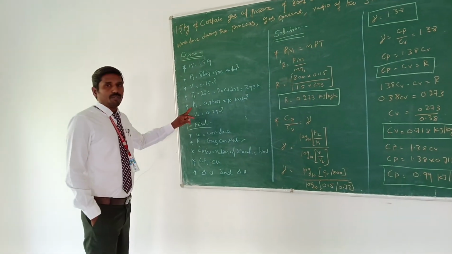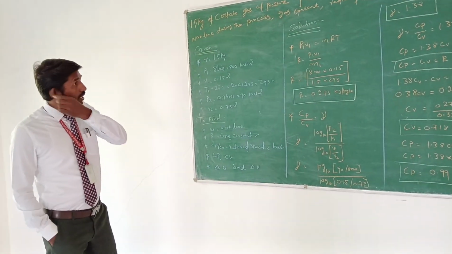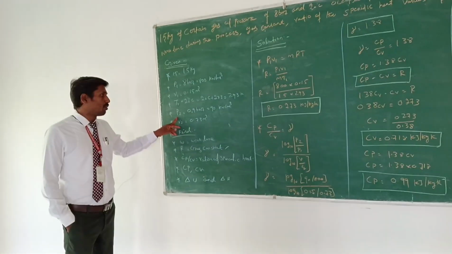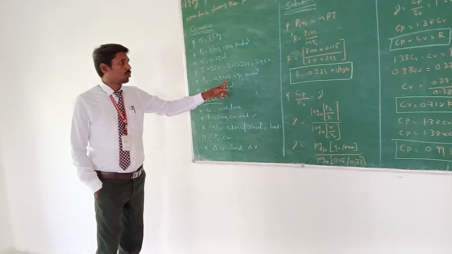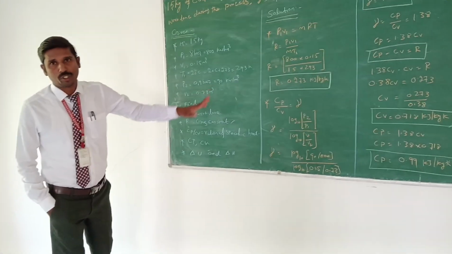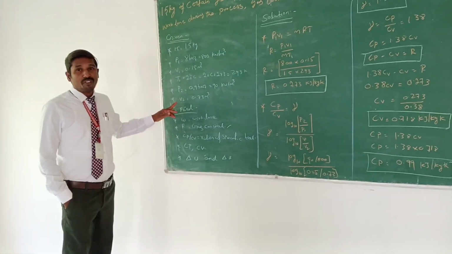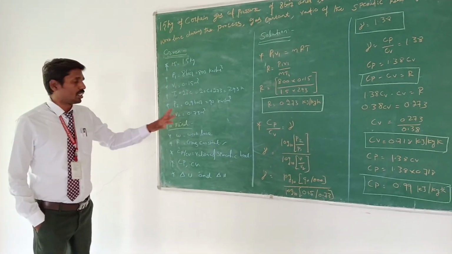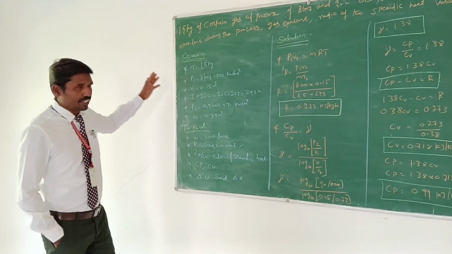Then the final pressure P2 after adiabatic expansion is 0.9 bar, equal to 90 kN per meter cube, and final volume V2 equal to 0.73 meter cube. These are the given data.